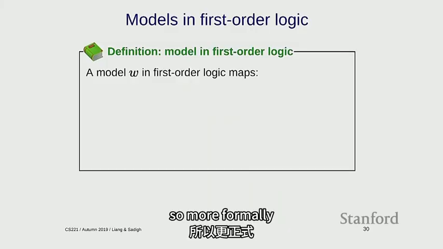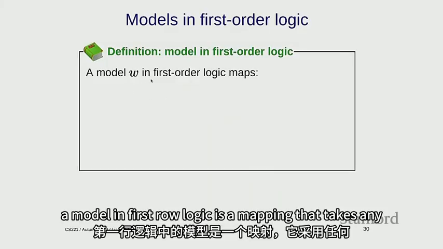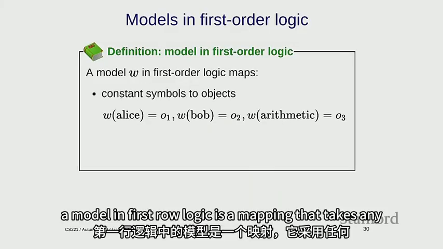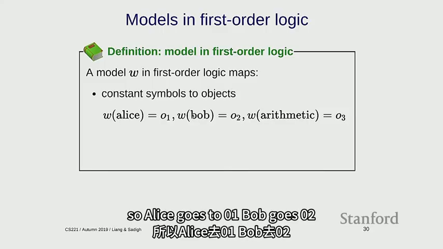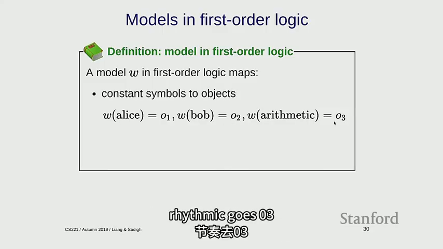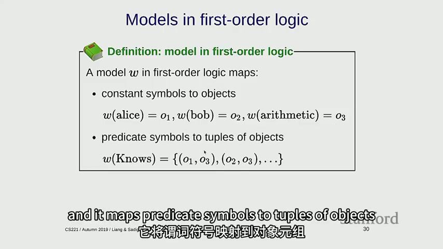Okay? So more formally, a model in first-order logic is a mapping that takes every constant symbol to an object. So Alice goes to O1, Bob goes to O2, arithmetic goes to O3, and it maps predicate symbols to tuples of objects.